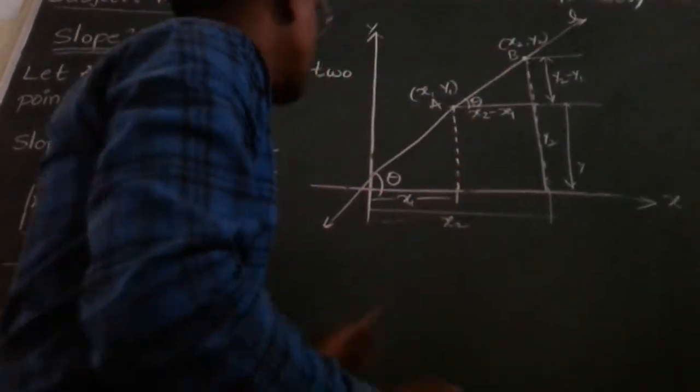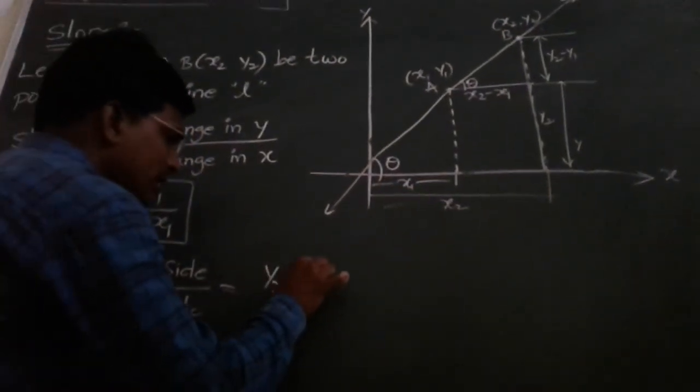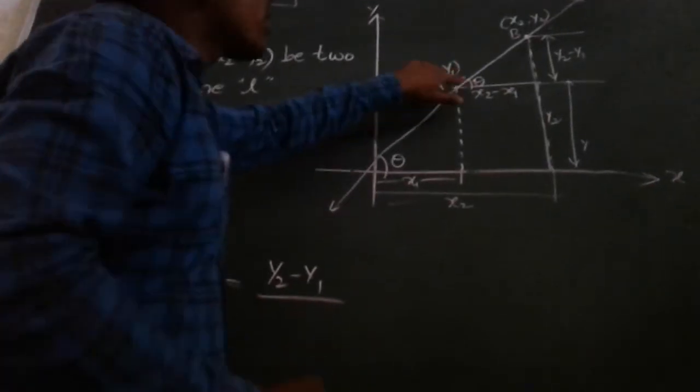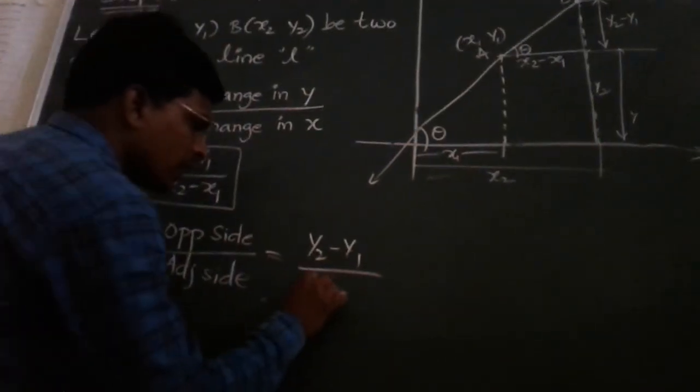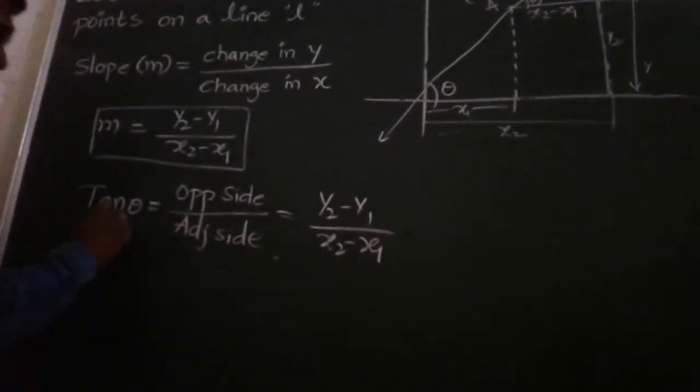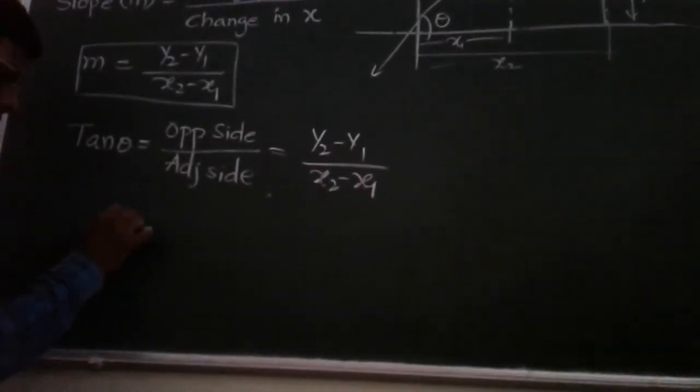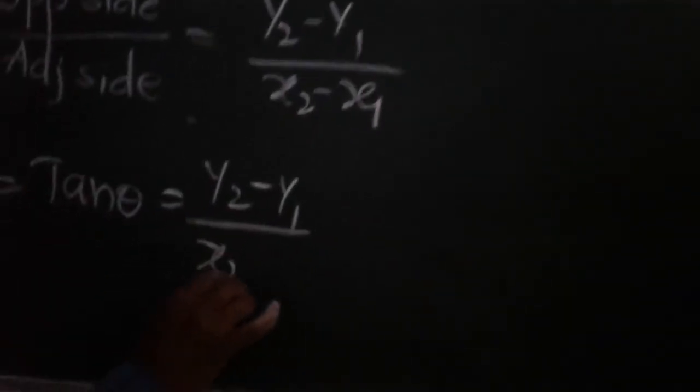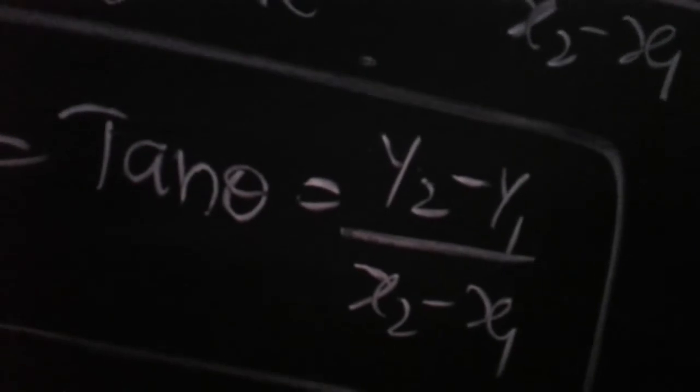What is the opposite side? y2 minus y1, and the adjacent side is x2 minus x1. So m is equal to tan theta, which is equal to (y2 minus y1) by (x2 minus x1). This is the formula for slope.